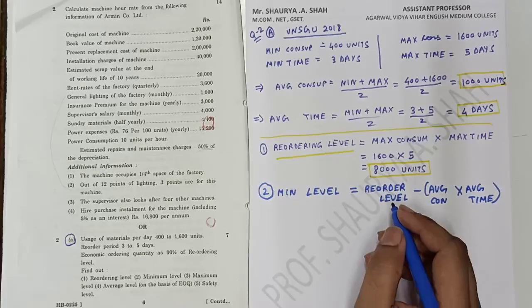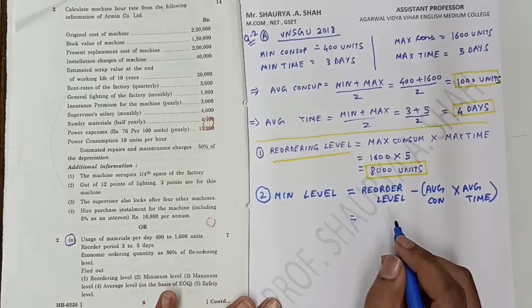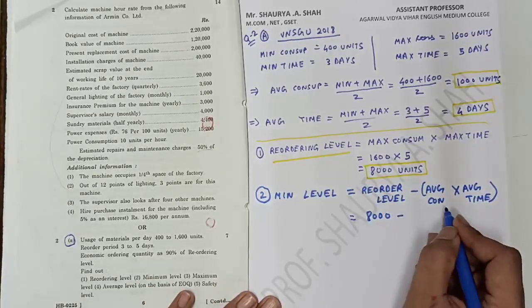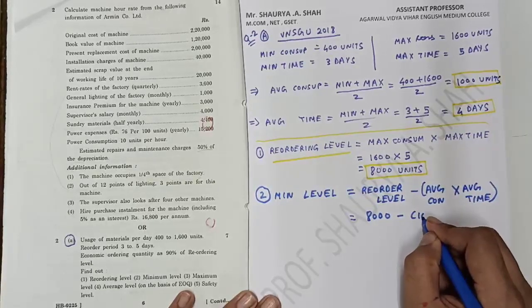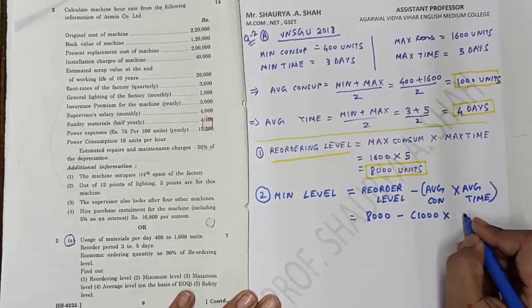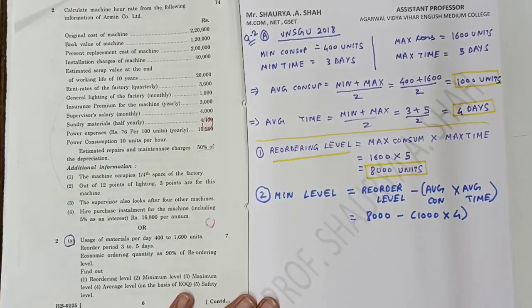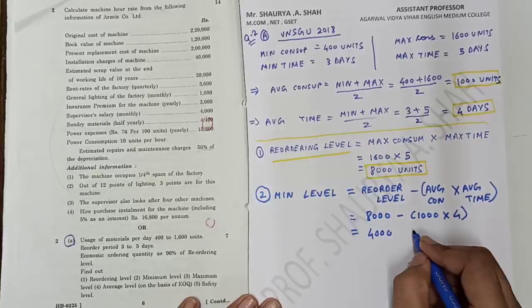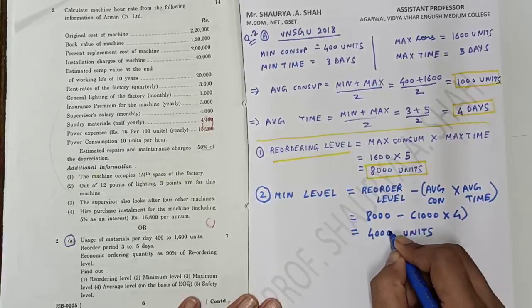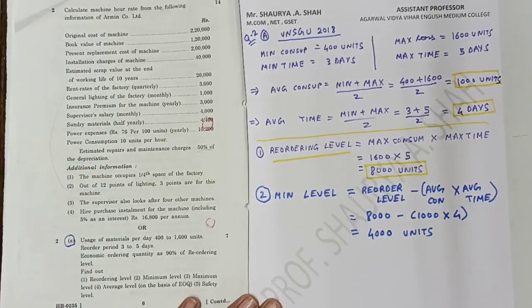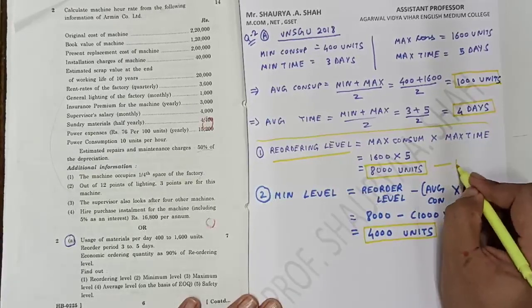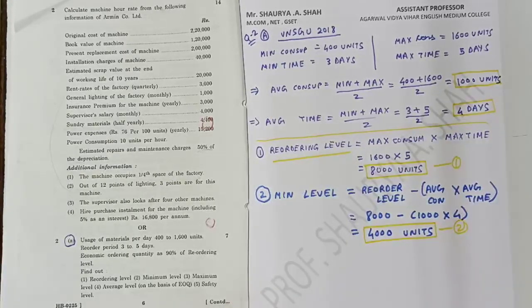Fine. So what is my reordering level? Reordering level in the previous equation only we found out 8000 minus average consumption is 1000 units into average time, that is 4 days, right? So 8000 minus 4000 gives me the answer of 4000 units. Don't forget to write down the units, right? So 4000 units is my minimum level which is asked again in the sum. Fine. So this is the answer number 1. This is the answer number 2. I suppose it is clear to everyone.